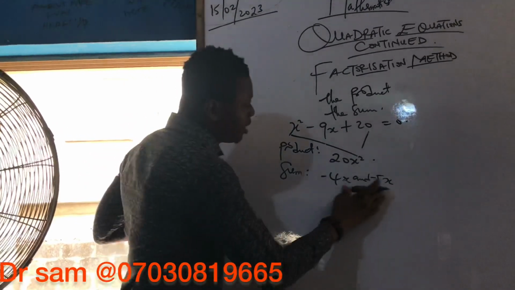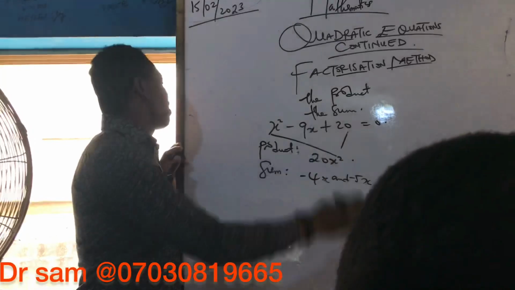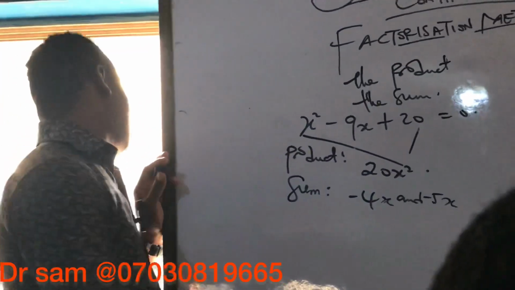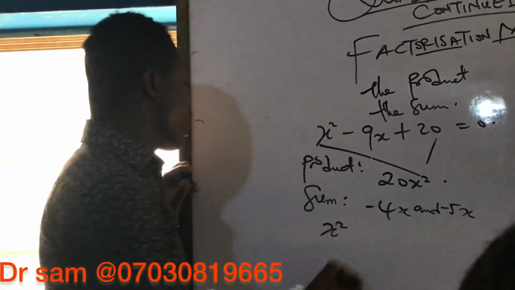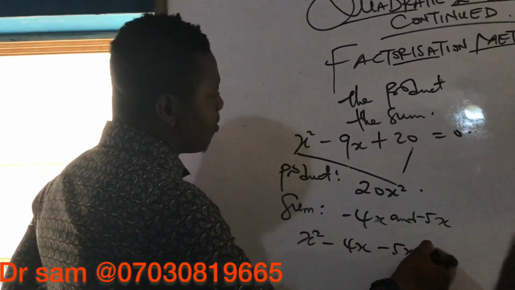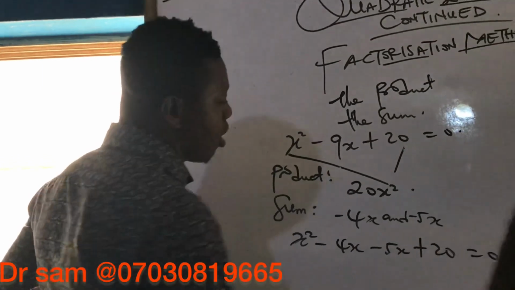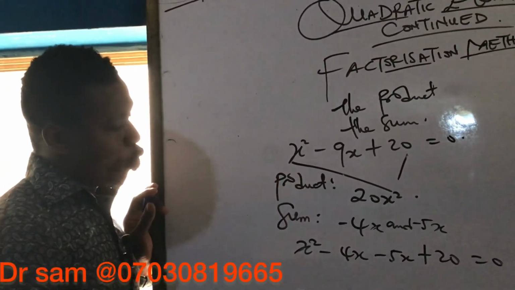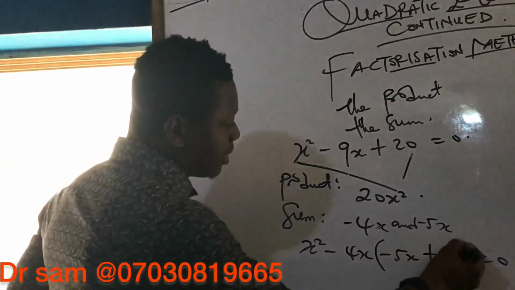Then we substitute these factors for the middle term. So it becomes x squared minus 4x minus 5x plus 20 equals 0. Group them into two parts.